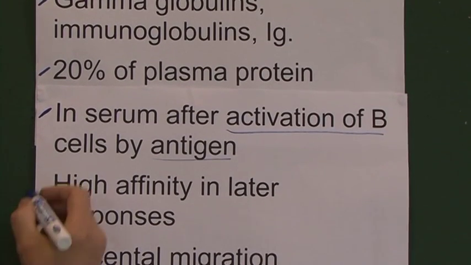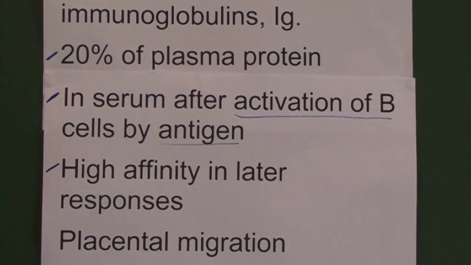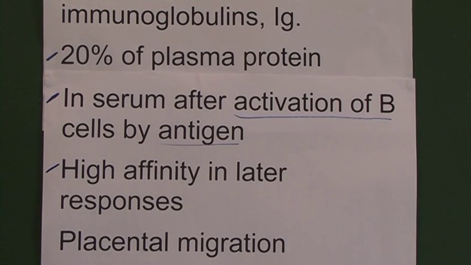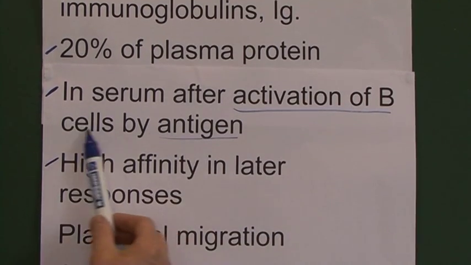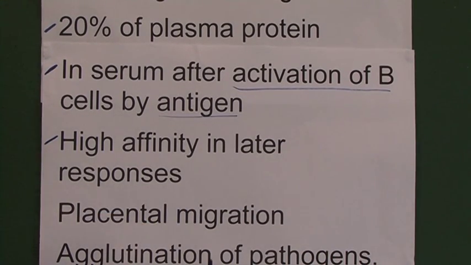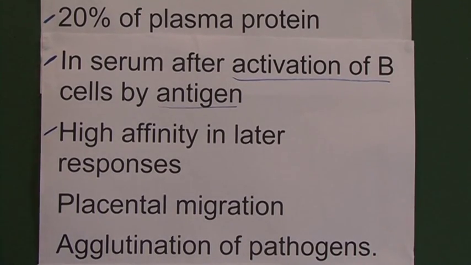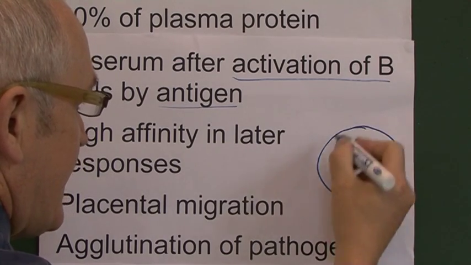And in fact, the affinity of the antibody to a particular antigen improves as the response goes on. So the B cell actually learns to make even more specific antibodies that are even more specific to the shape of the particular antigen. Because it's actually more complicated than we looked at before. That's an antigen cell there.